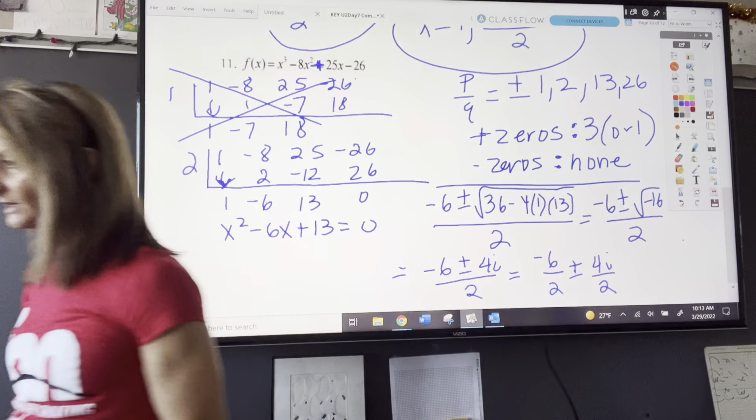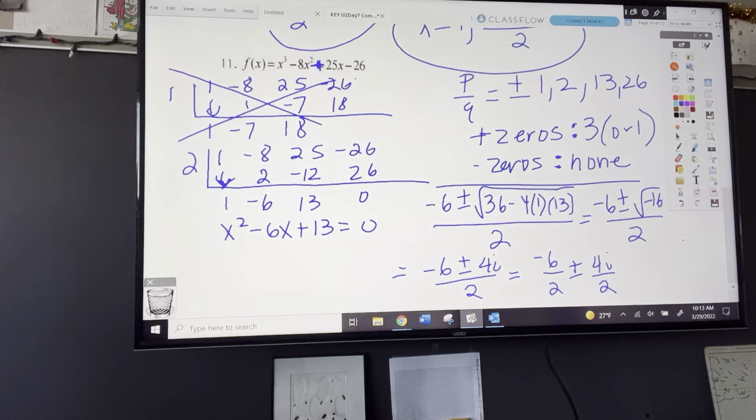So I'm just going to go ahead and cancel. Two goes into 6. Negative 3, and then plus or minus 2i. That's it. So the zeros are at 1, 2, and negative 3 plus or minus 2i.